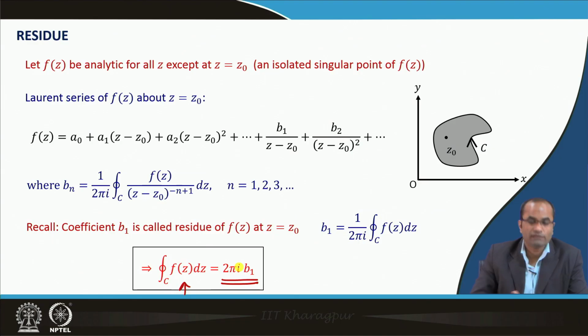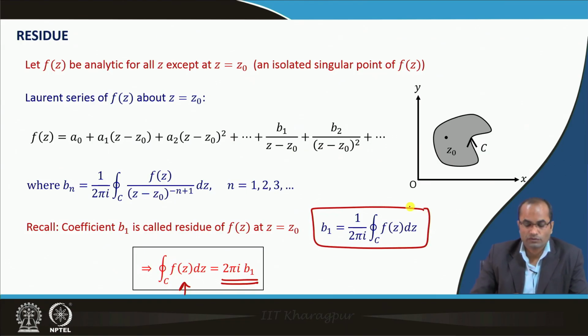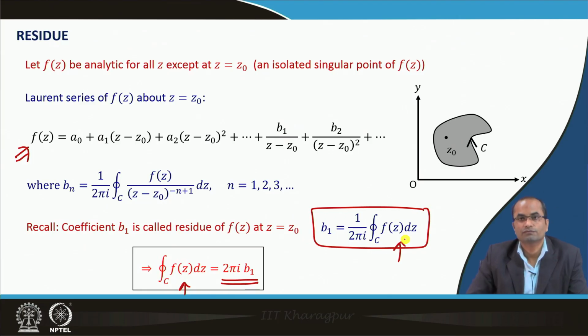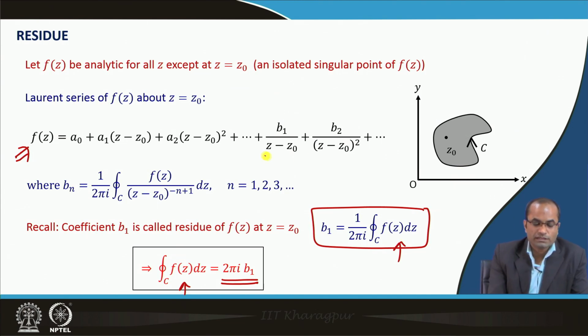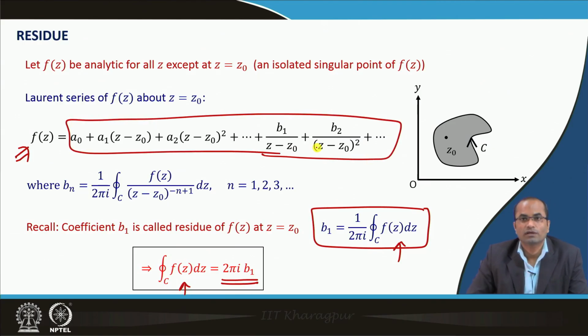Naturally we will not use this formula to find b 1. In the Laurent series expansion, if you remember, we did not use this formula to evaluate the coefficients, because computation of these complex integrals may be complicated. By some other means we expanded the function in terms of the Laurent series.